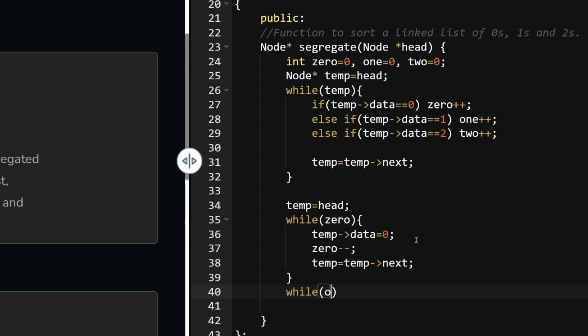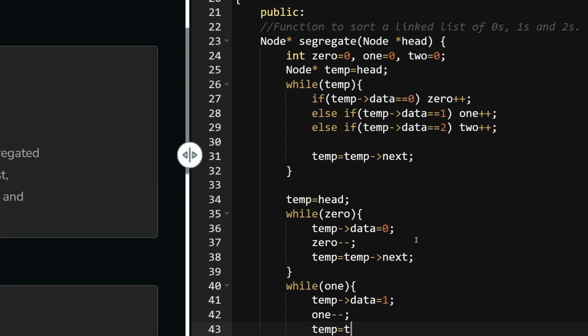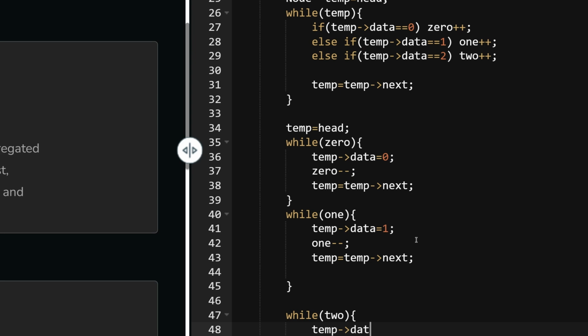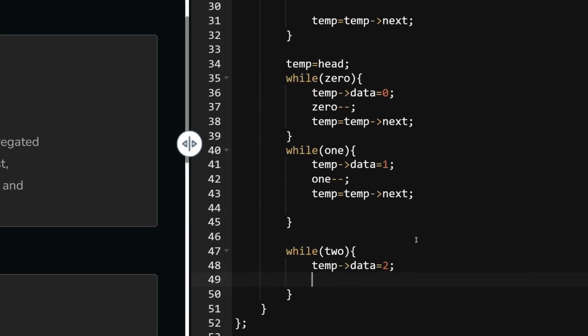Similarly for 1: while the count of 1 is not 0, temp data equals 1, 1 minus minus, because we used up a 1, and temp equals temp next. Moving on, I will do the same for 2: while 2, temp data equals 2, then 2 minus minus, and temp equals temp next.